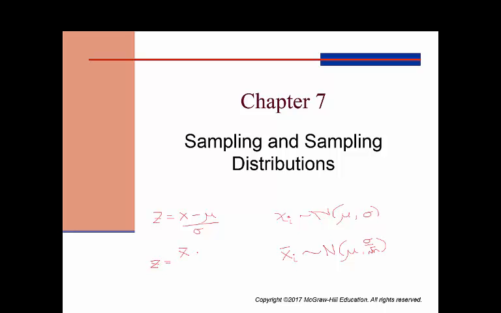Your x bar minus mu, but now the denominator is not just sigma, it is sigma over the square root of n. That's the key difference. So this is chapter 3, this is chapter 7. I want to give you an overview of what the difference is, so you can focus on that as we move along.